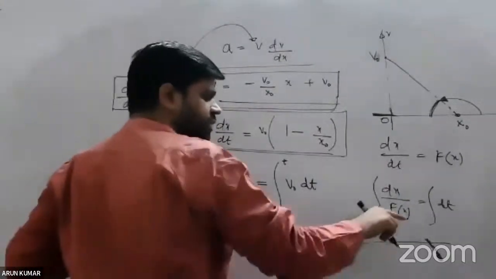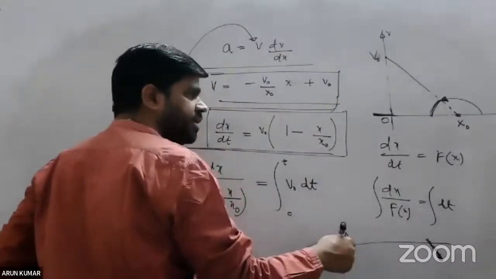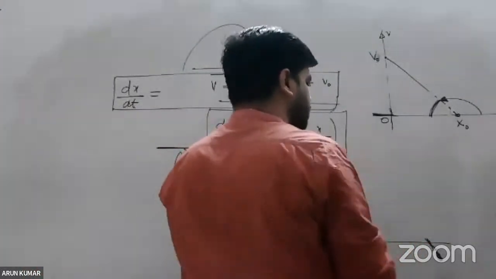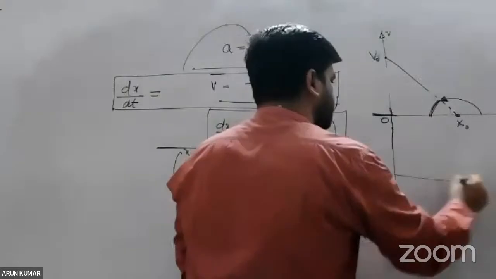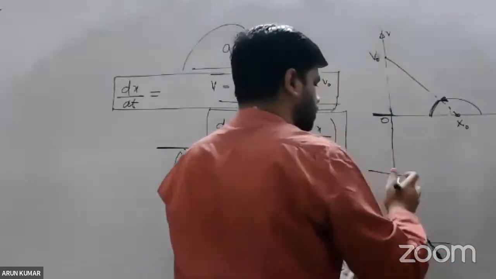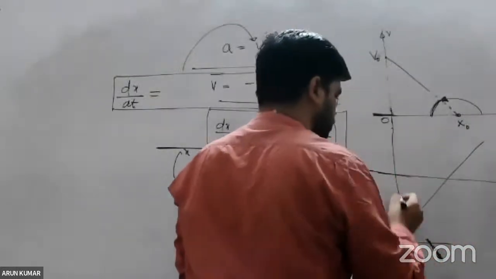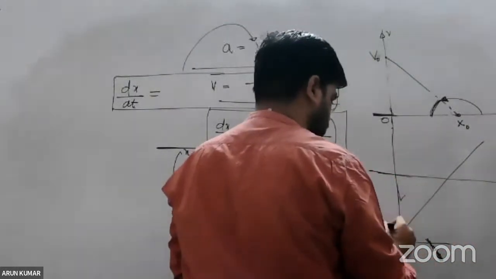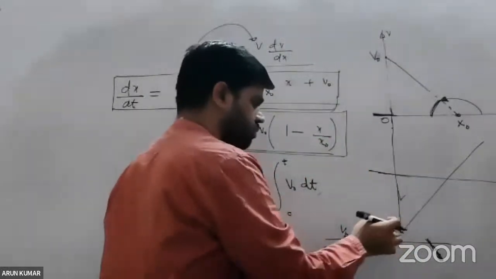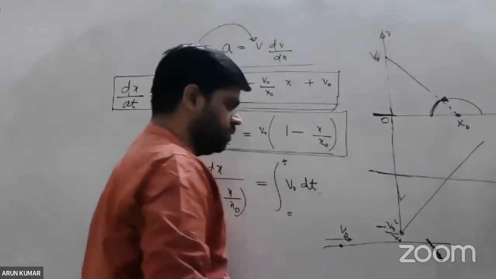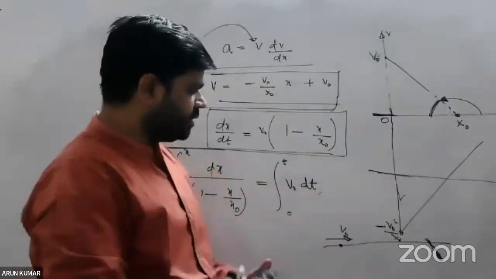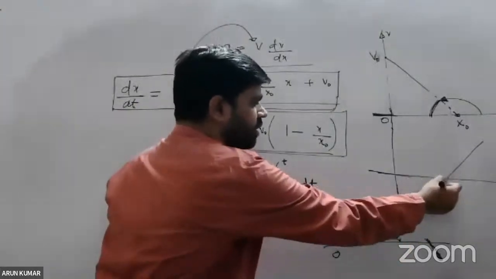Now look at this, as it is moving towards x naught, my acceleration is negative, it is being retarded. How can I say my acceleration is negative? You have seen the graph just now. My acceleration versus x graph is... v is positive, x is 0 here, so it is moving towards x naught.